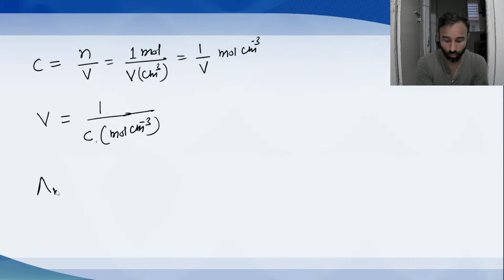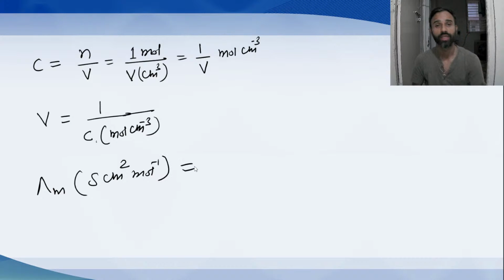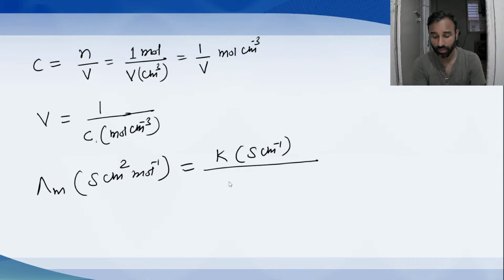So now molar conductivity in S centimeter square per mole is equal to kappa in S per centimeter into V, so that becomes divided by C in mole per centimeter cube.